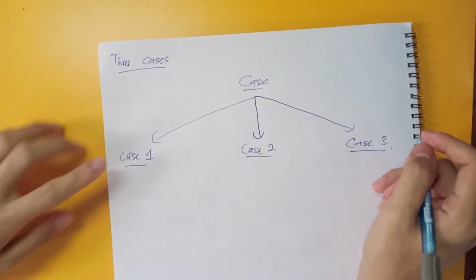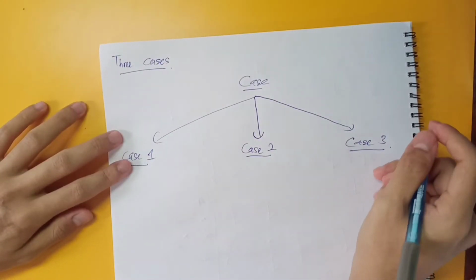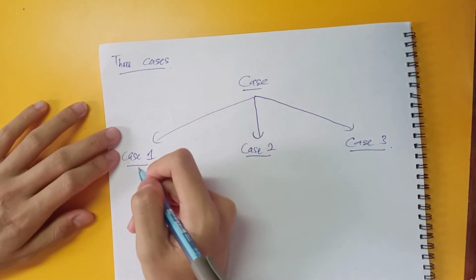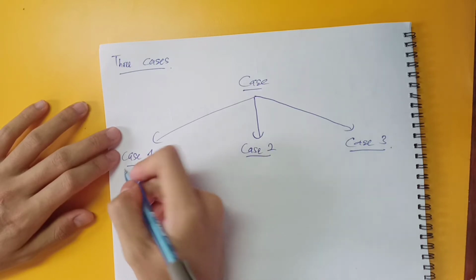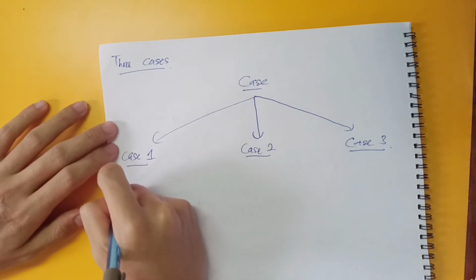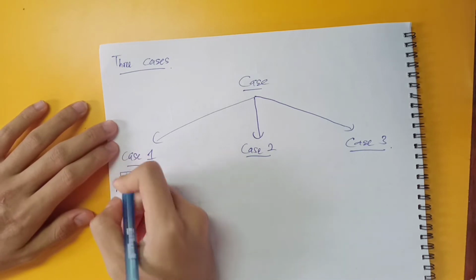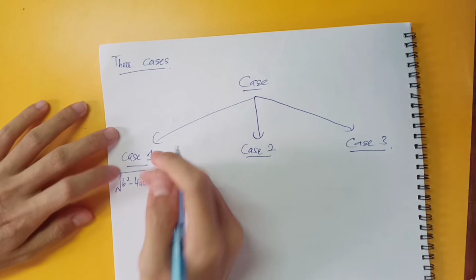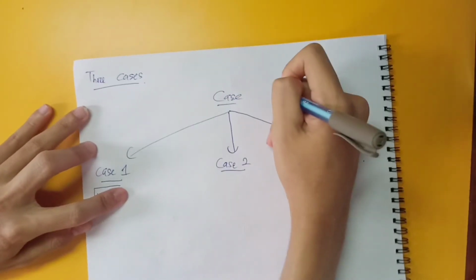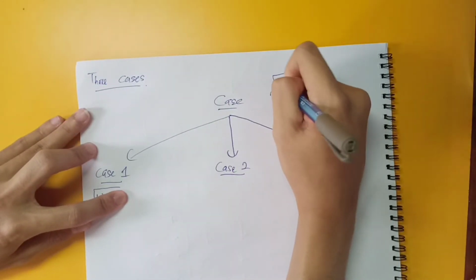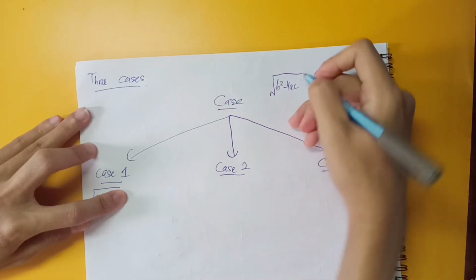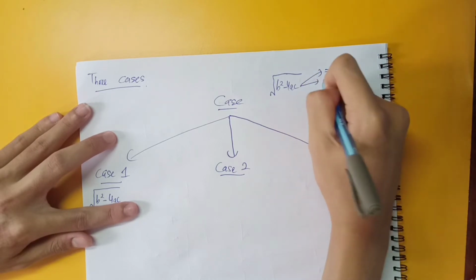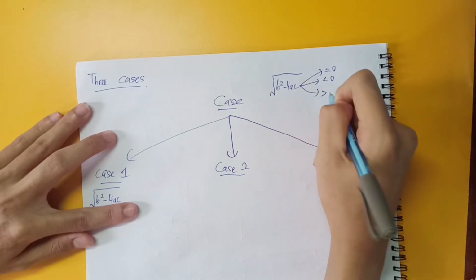Okay, so case 1 is about the square root of b square minus 4ac. If you remember this component, we have learned about three possibilities: it is either equal to 0, less than 0, or more than 0, right?